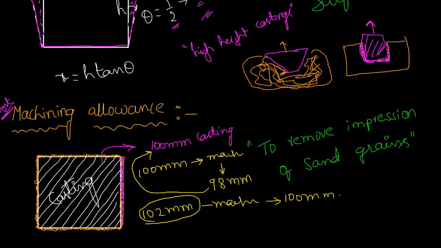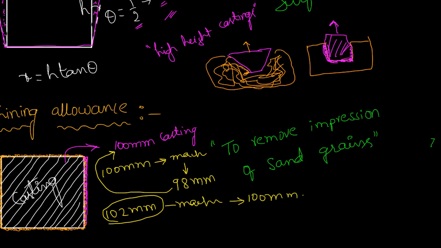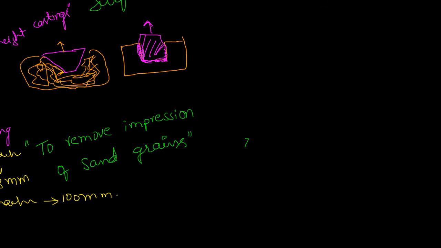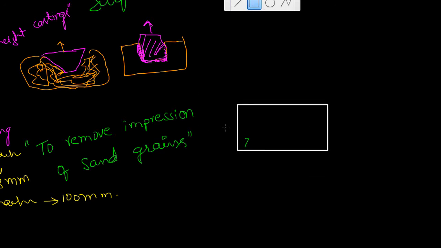Okay. Here there is a simple logic and a simple silly mistake that people do. I will tell you. For example, take a rectangle box here, right? Make this dimension as, for example, 100 mm, right? So I am adding some material. That means this is the casting that I want to produce.